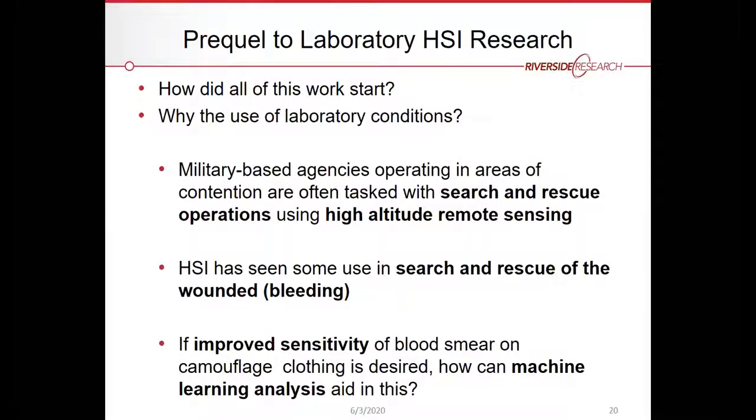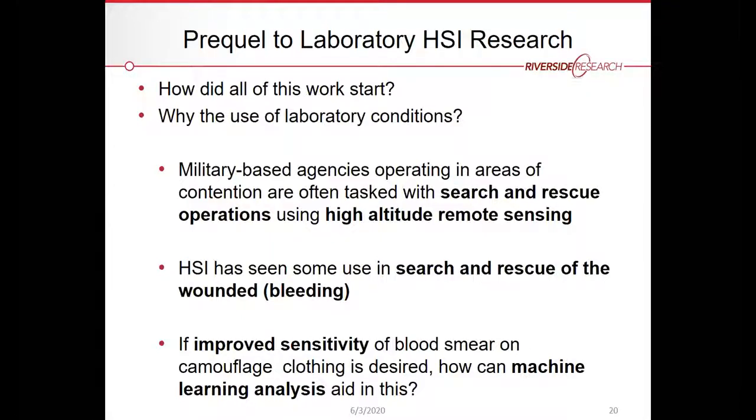Military-based agencies, I support the Air Force, but this is totally pertinent to other military agencies. They operate in areas of contention, and they're often tasked with search and rescue operations in high altitude remote sensing areas. And HSI has seen some use in search and rescue of the wounded and the bleeding. It's actually been a very useful tool in the Middle East. That's all I can really say about that.